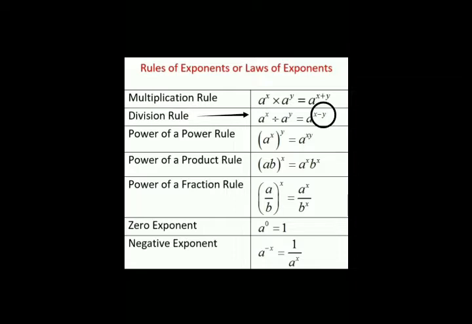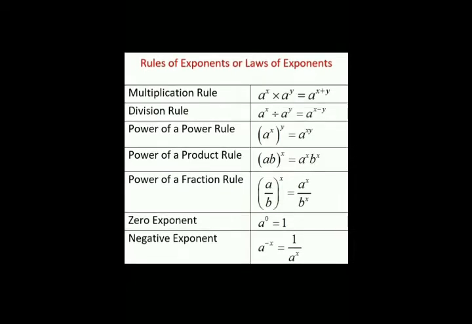And again I repeat, whenever we multiply the same base, we take the addition of their powers. And in division, whenever the bases are the same, we take the subtraction of their powers.